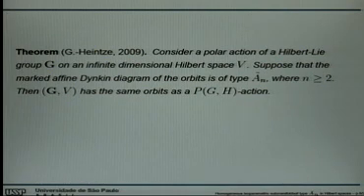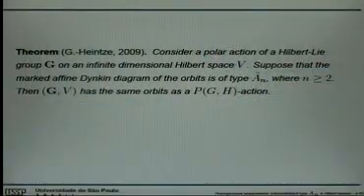So they have a Dynkin diagram. I'm going to talk more about that. But suppose that this Dynkin diagram is of type A n tilde. And here we assume n at least 2. This means that the codimension is at least 2. So our theorem does not apply to hypersurfaces. Then G acting on V has the same orbits as a PG(H) action.